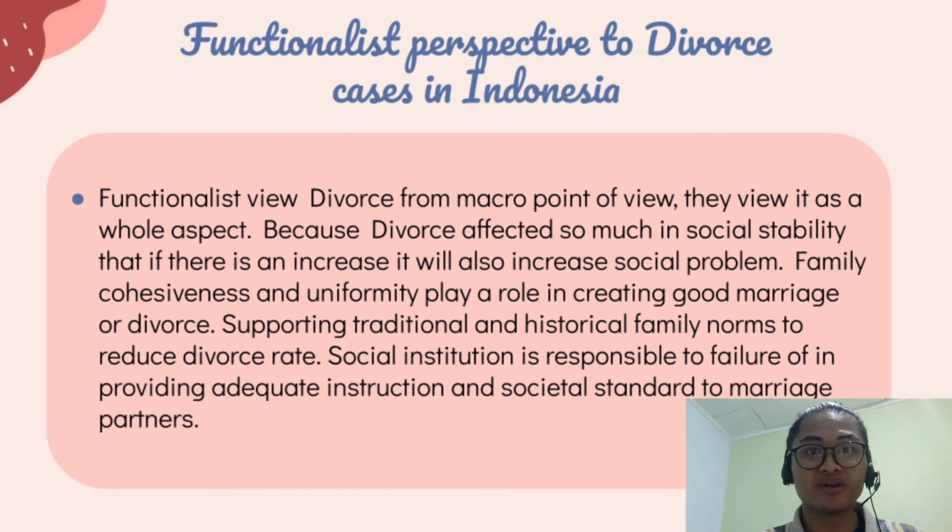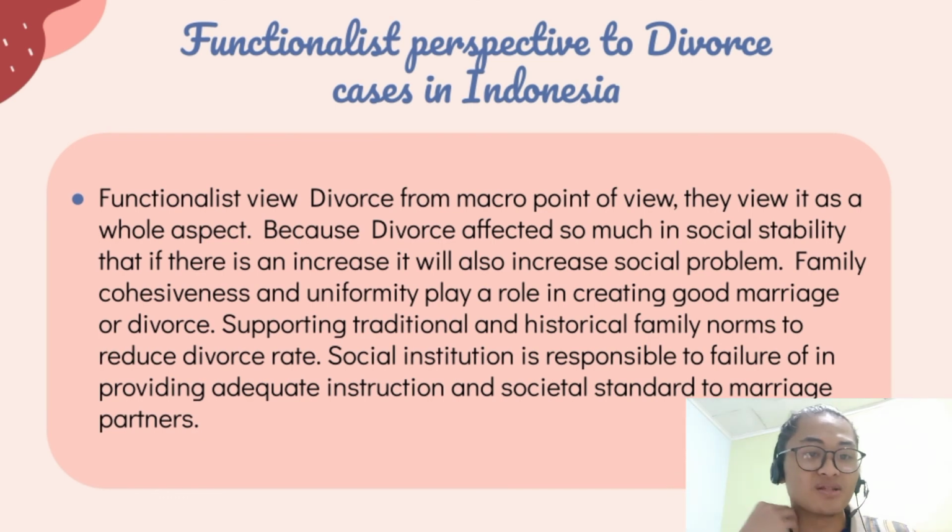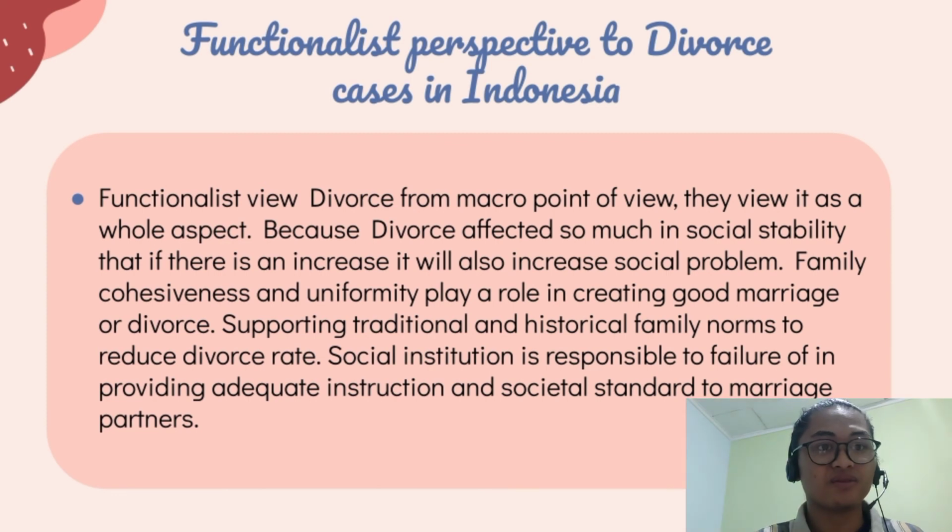Supporting traditional and historical family norms reduces the divorce rate. Social institutions are responsible for failing to provide adequate instruction and social standards to marriage partners. So that's why divorce happens: because of the lack of cohesiveness and uniformity, and also the lack of provision from social institutions.